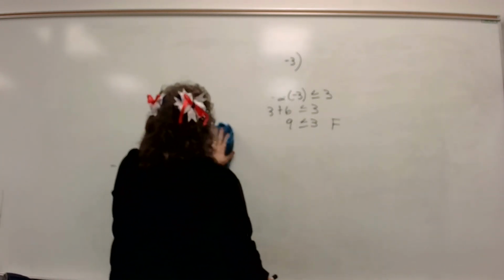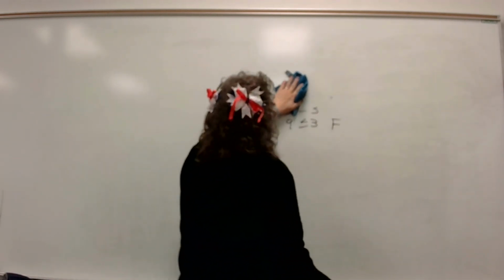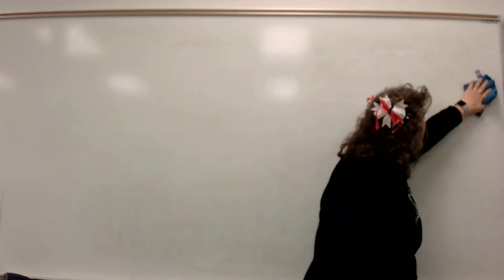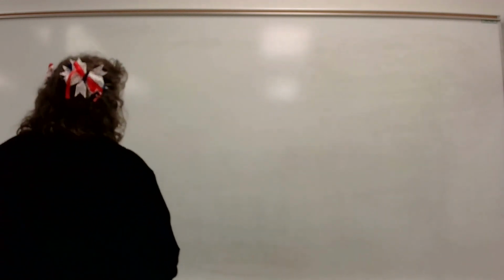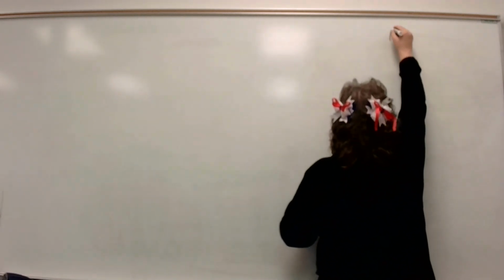Just like in so many things that we do in algebra, there is a very distinct process that is very helpful. And sometimes there are shortcuts you can take, but a lot of times those shortcuts can also be confusing. So first of all, I am going to give you the process that we're going to use. First, you're going to graph the line.